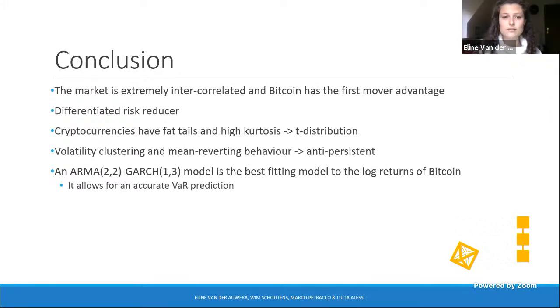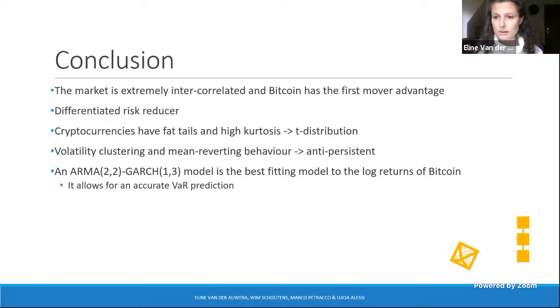Cryptocurrencies exhibit fat tails and have a high kurtosis, so the normal distribution would never fit these returns. We found that the T distribution was the best fitting distribution to the log returns of Bitcoin, Ethereum, Monero, and Ripple. So not only for Bitcoin, but for 3 other cryptocurrencies as well.